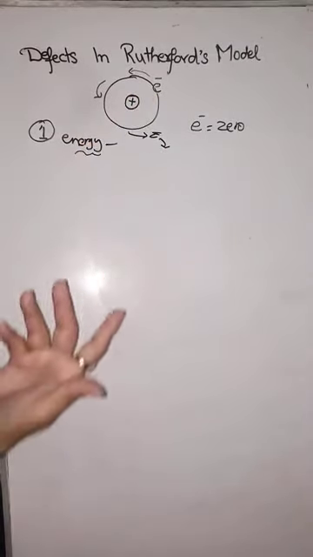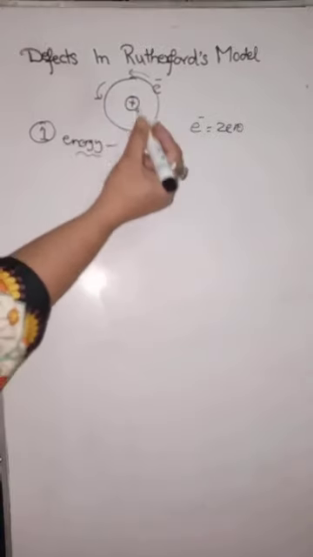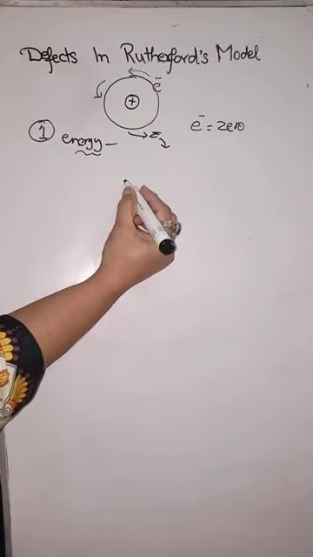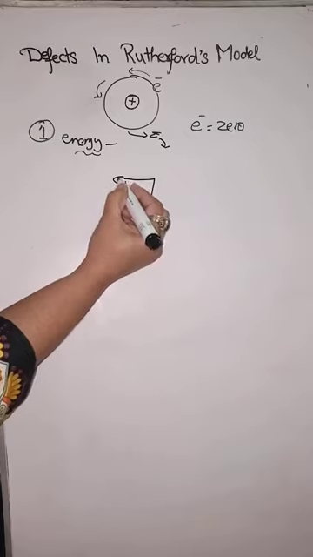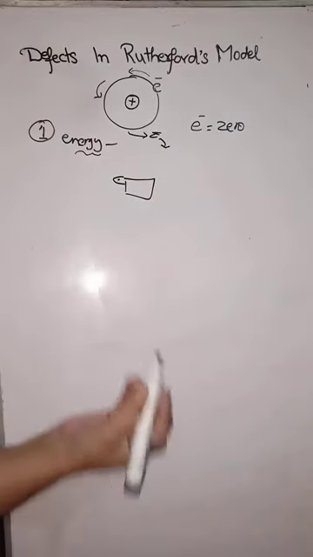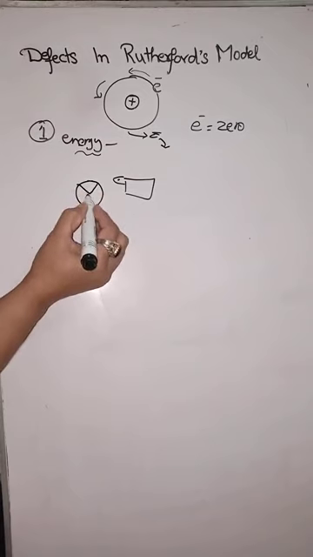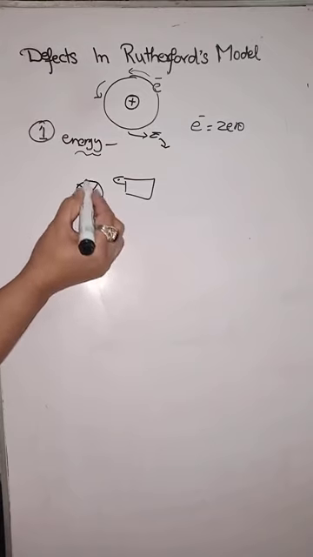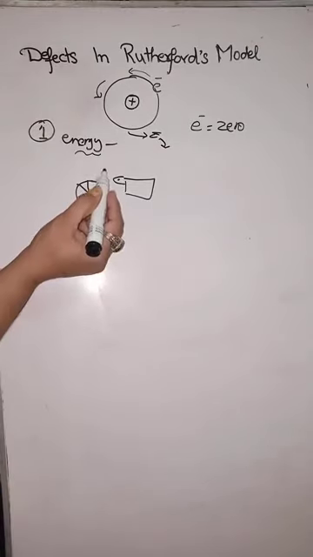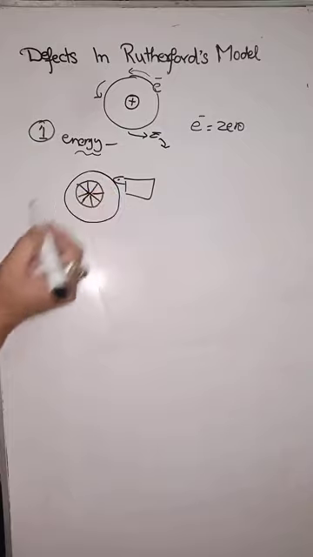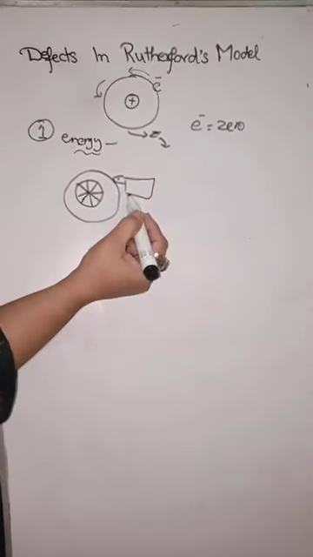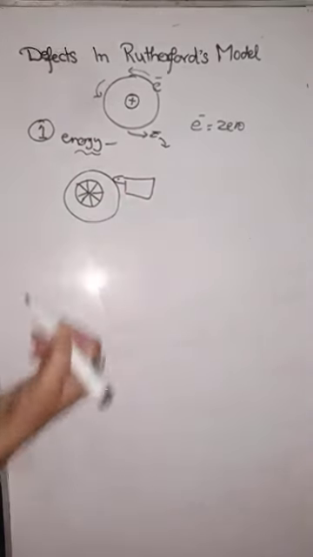While it doesn't happen, again, I can clear this thing with an example. Suppose that this is an ox. The ox is moving around the well for irrigation purpose. Now this ox is moving around the well continuously. Why? Because it has energy, it has the capacity to do work.